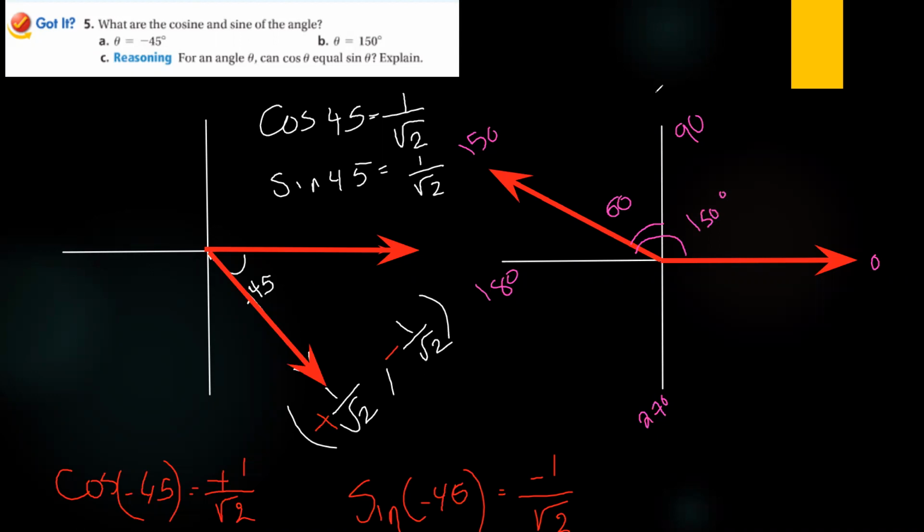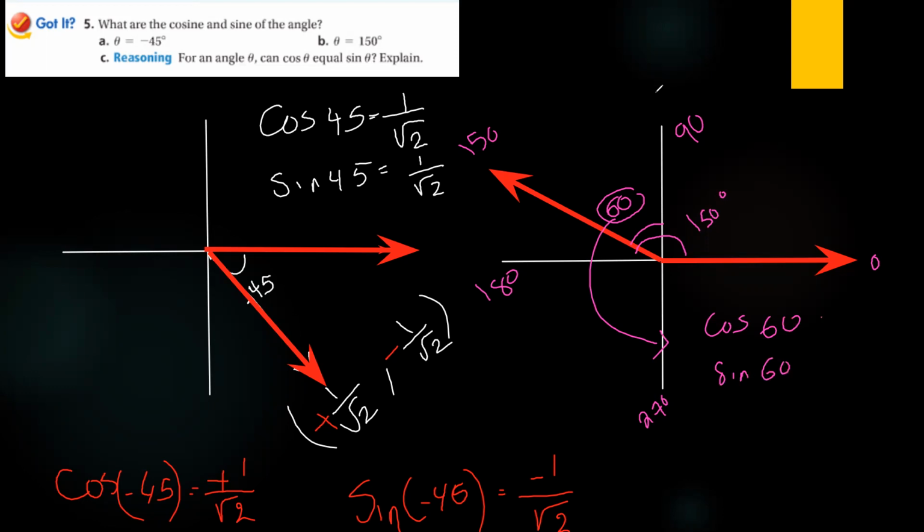So the angle from the initial side up to the terminal side is 150, but the angle from the positive y-axis up to 150 is 60 degrees. This 60 can help me to use its coordinates. We know before the cosine of 60 and the sine of 60.